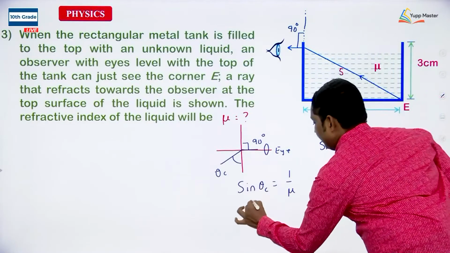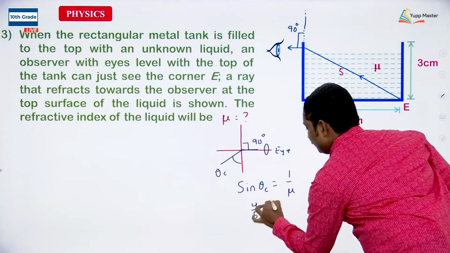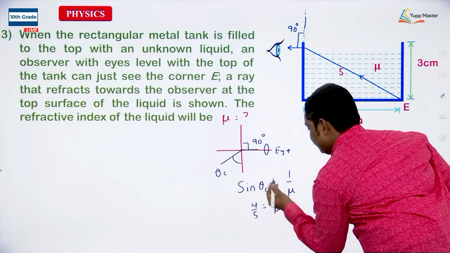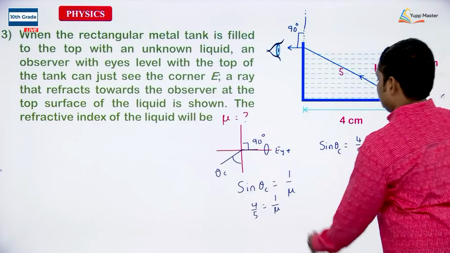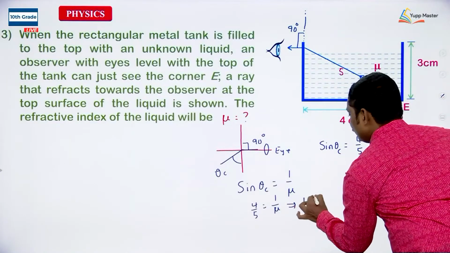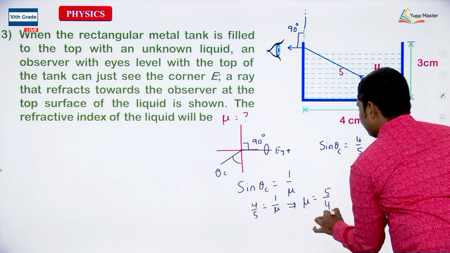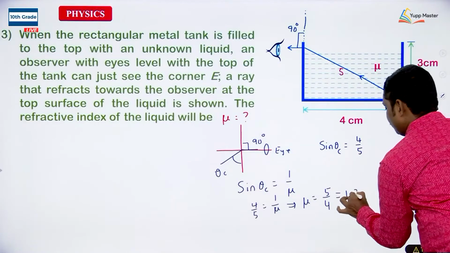So 4 by 5 is equal to 1 by mu, which implies mu is equal to 5 by 4.